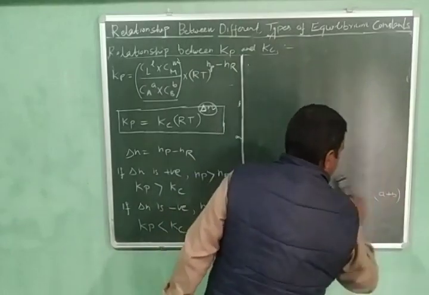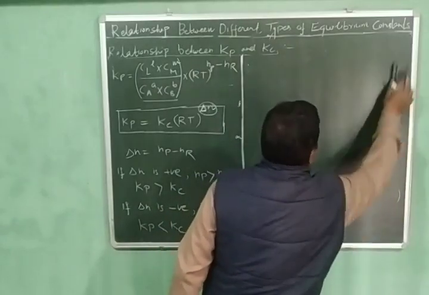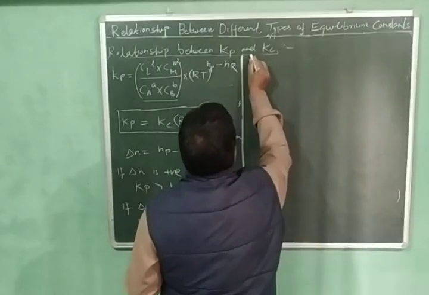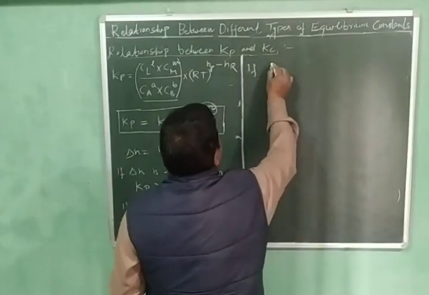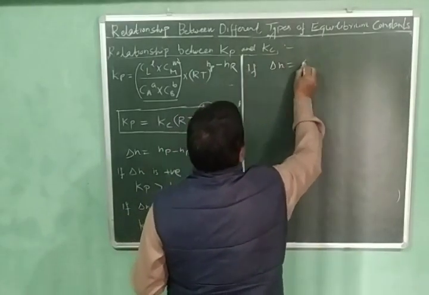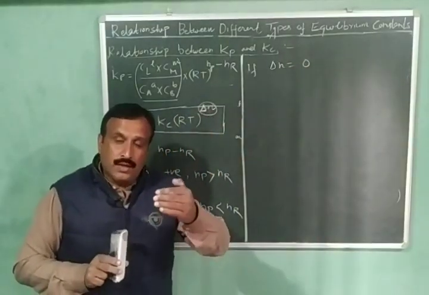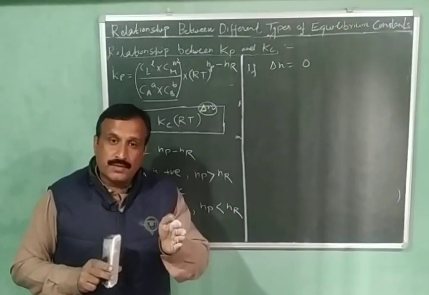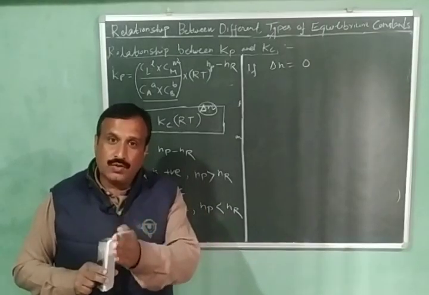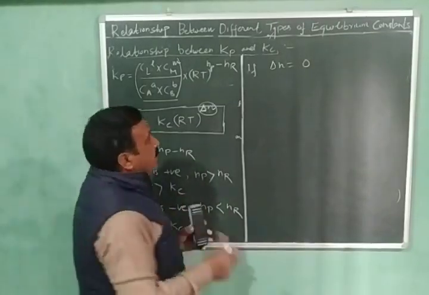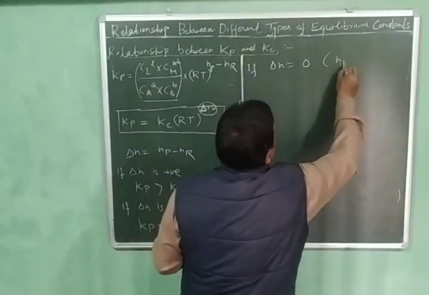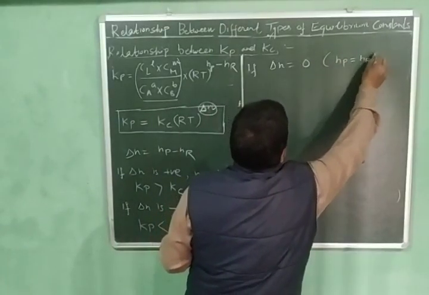And if this delta n is equal to 0, and delta n will be equal to 0 when the total number of moles of products are equal to total number of moles of reactants, that is Np is equal to Nr.